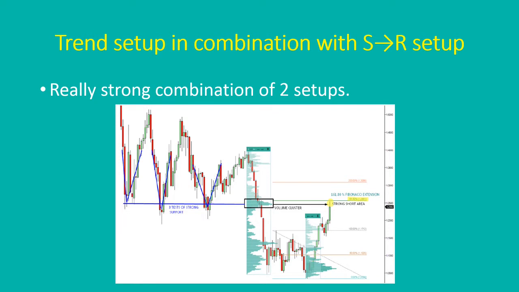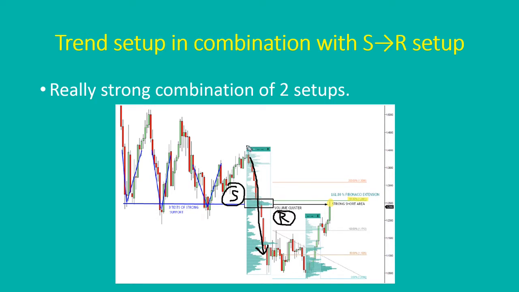So what happens next is that the price goes past this support, making it a resistance. All right, this is the standard support becoming resistance setup. It was a support. When the price went past it, it became a resistance.